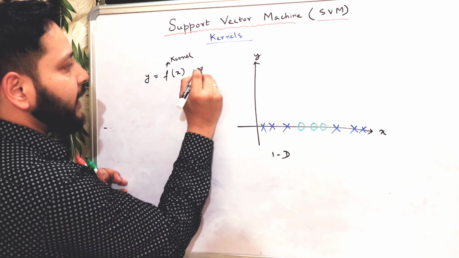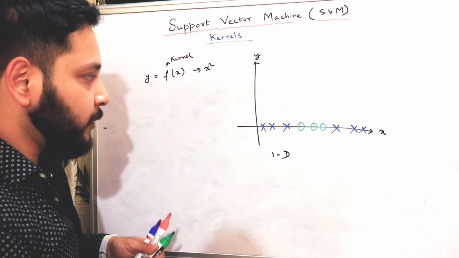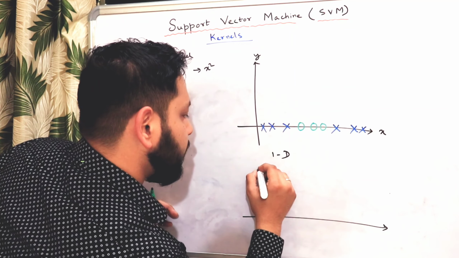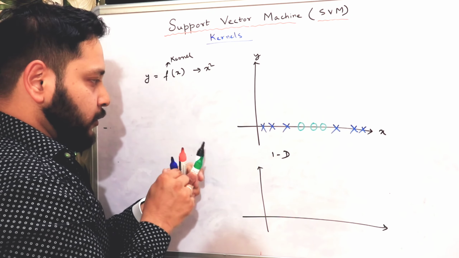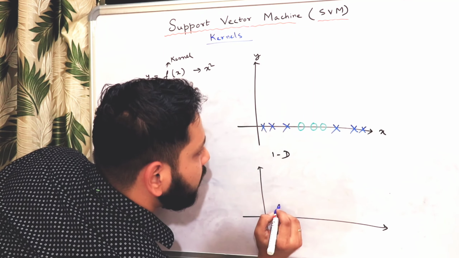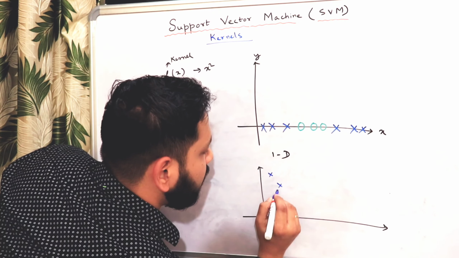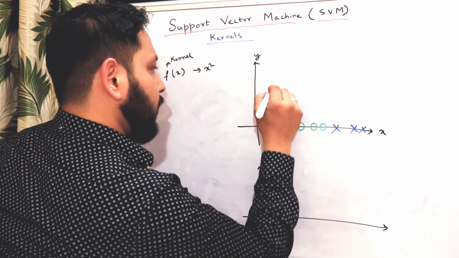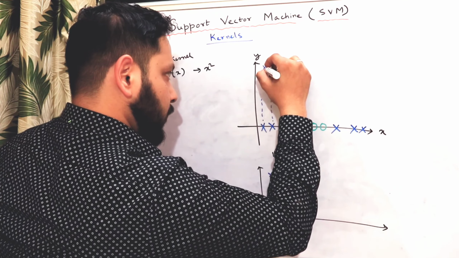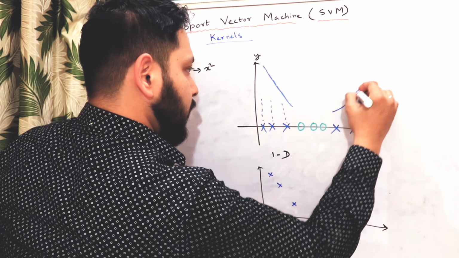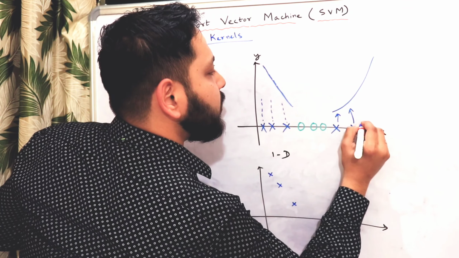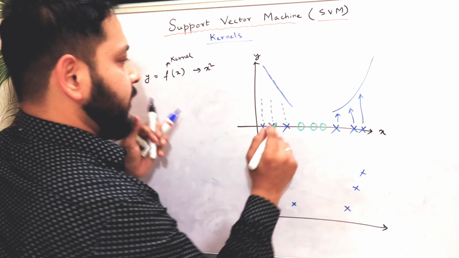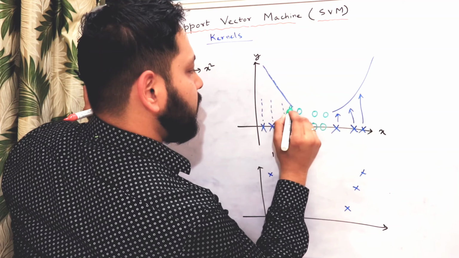If we have a function like x square, which takes the squaring of the value, what will happen if you take the square of these values? So x square, where will it go? It will go like this. We are projecting this value to a higher dimension, right? And this will be projected like this.